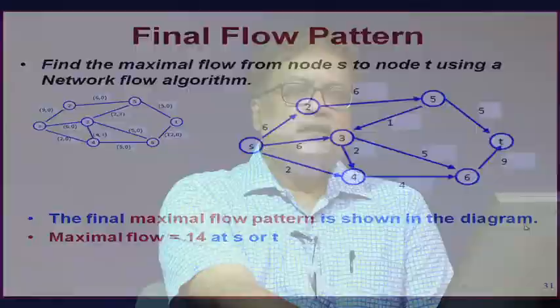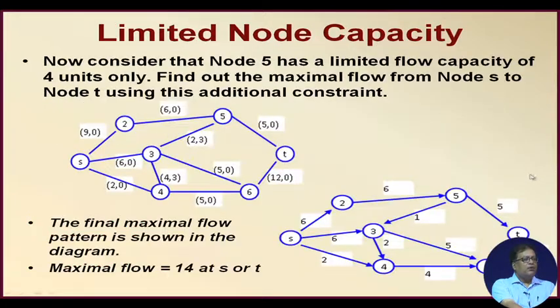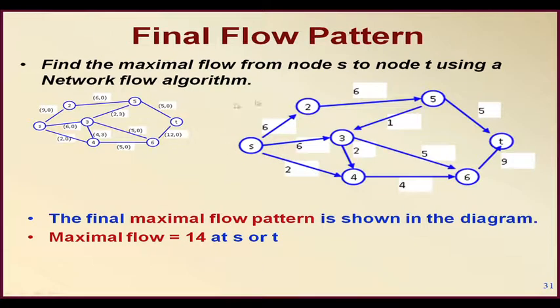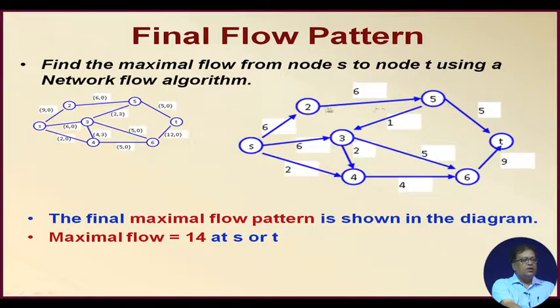Now, very quickly let us see an example of how a limited node capacity can be worked out. Consider that node 5 has a limited flow capacity of 4 units only. Look at this particular network. In the solution, how much flow is going through node 5? 6 is coming in, 1 is going out, 5 is going out.